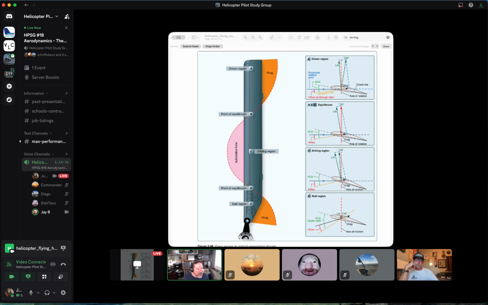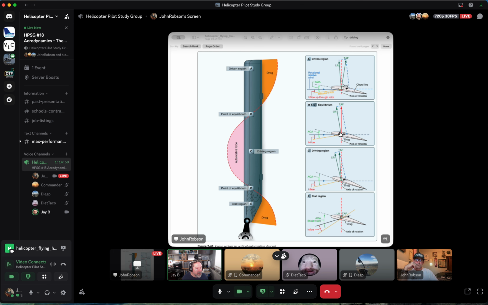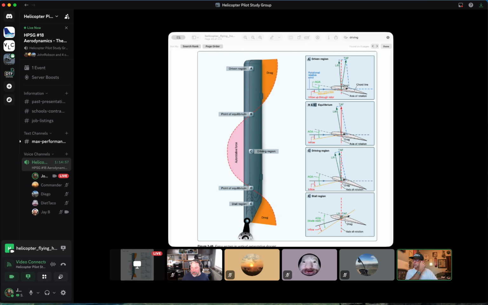The point of equilibrium at B and D just adds more to look at without any value in terms of what it's actually doing. That's why I try to dumb it down a little bit and exaggerate some of these lines. Right, your exaggerations made it easier to comprehend too. For sure.